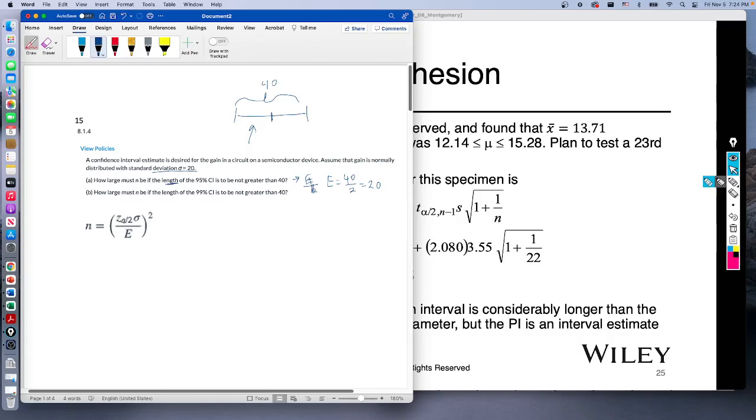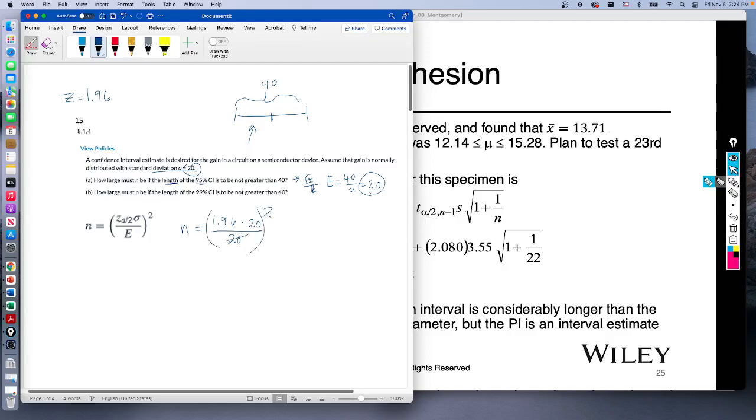Sigma is 20. Z alpha over 2, since we want a 95% confidence interval, two-sided, gives us Z as 1.96, which you could look up again, but why? It's always going to be the same. So we get n equals 1.96 times 20, which is the standard deviation, divided by 20, the error, half of the length, and then we square it.